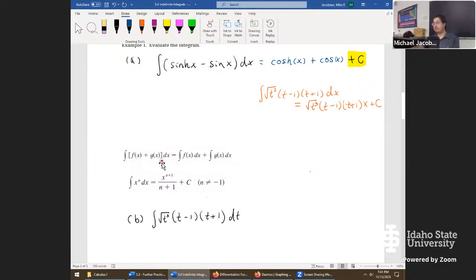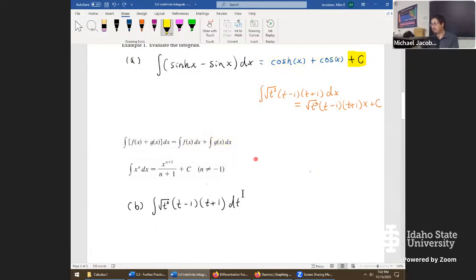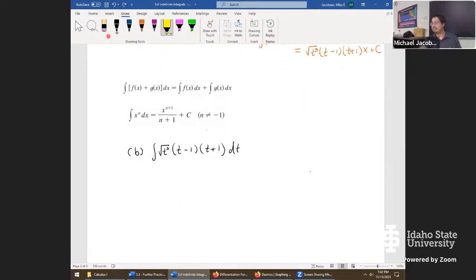The antiderivative of f of x plus g of x is the antiderivative of f of x, which we put down there immediately as one step, and the antiderivative of g of x. We put it down right there as well. It's a weird formula because we don't necessarily write antiderivative of f of x. We just put it in that spot. So let's do it again for this part B.